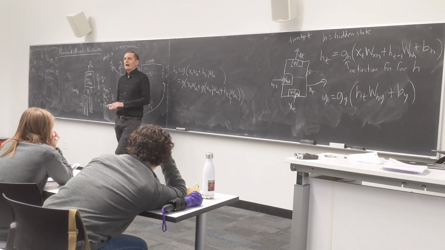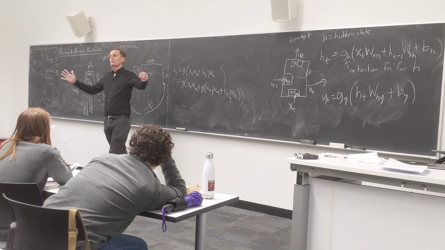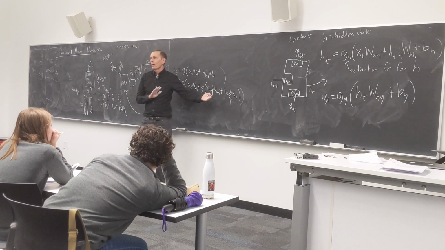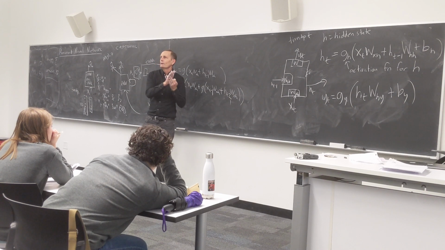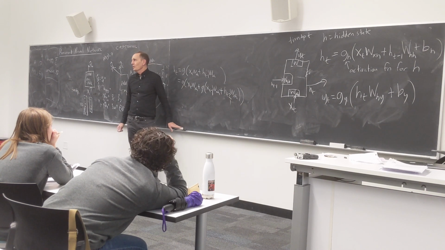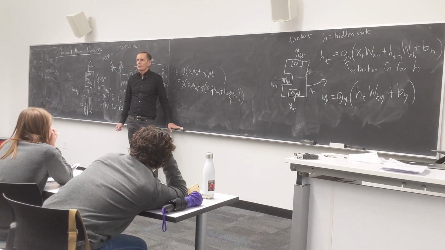It's analogous to a deep network where it's very hard to push the gradient all the way back, 100 time steps, 100 layers. Similarly here, it can be very hard to maintain X1 in the state for 100 time steps. So that's the motivation for the long short-term memory cell that we're going to look at after Thanksgiving.